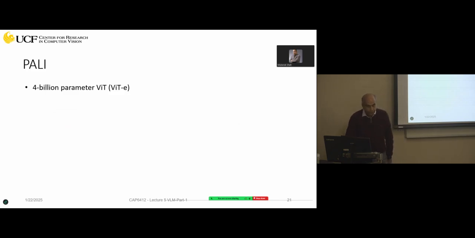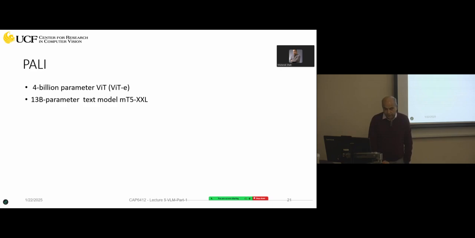So it is a 4 billion parameter ViT-e or something, and a 13 billion parameter text model. So in these visual language models, you have the text and the image encoder, and then you have the language model, right? So the LLM, large language model, all these, GPT and Gemini and all those things, are very huge, 7 billion, 71 billion, and so on.